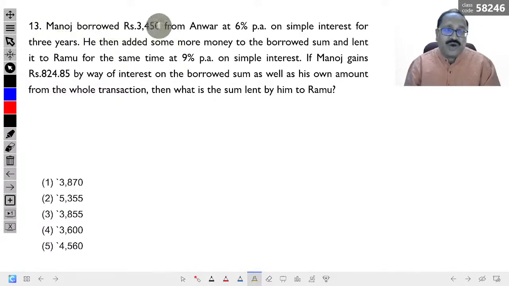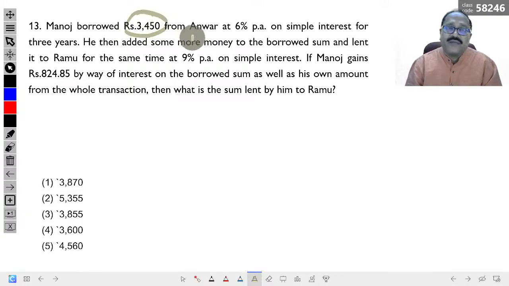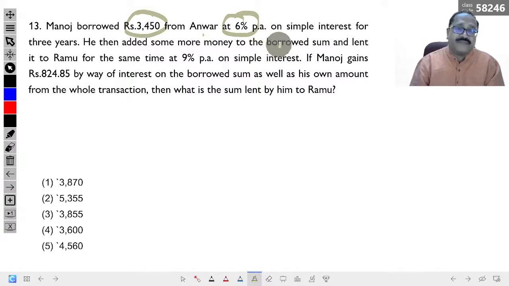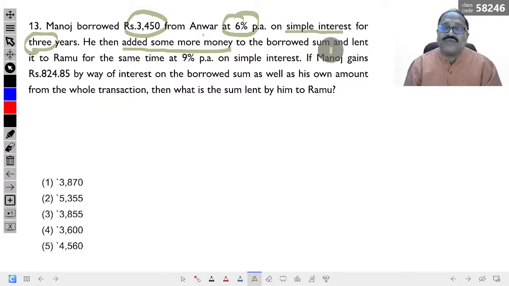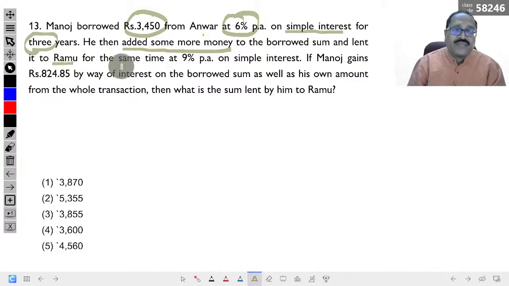Manoj borrowed rupees 3,450 from Anwar at 6% per annum, simple interest, for 3 years. That is the data I am going to use. And then he added some more money to the borrowed sum and lent it to Ramu for the same time.